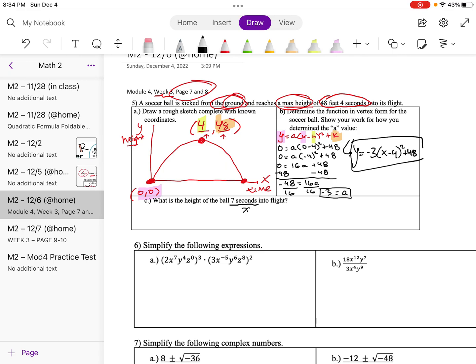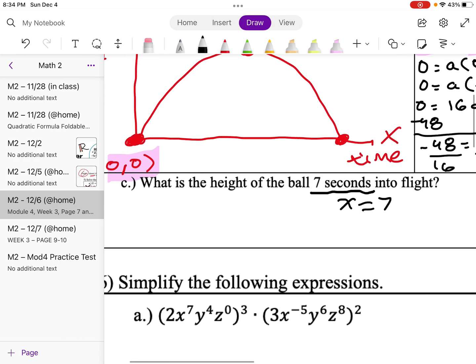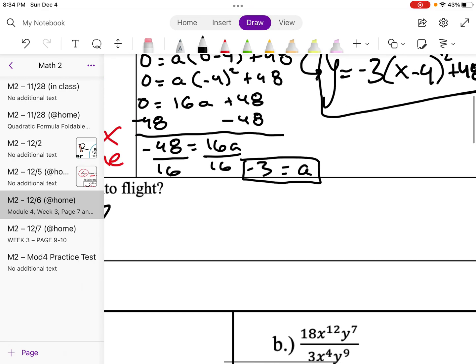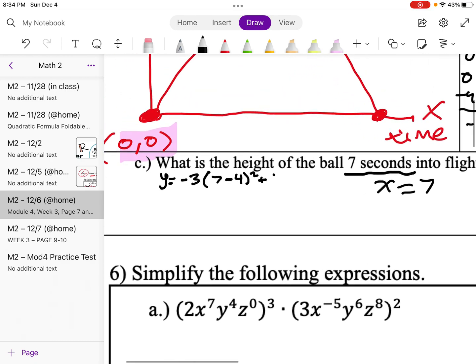What is the height of the ball 7 seconds into flight? So 7 seconds, that's saying an x value. What's happening when x equals 7? So we're going to put x equals 7 into our equation. And solve.